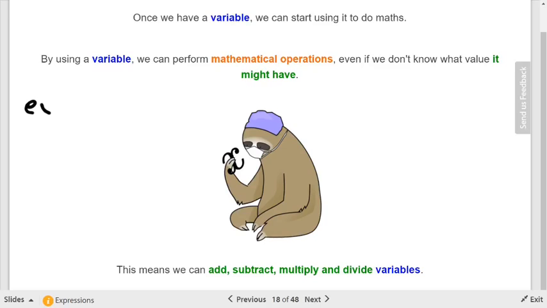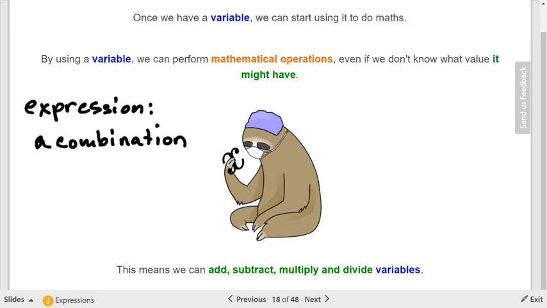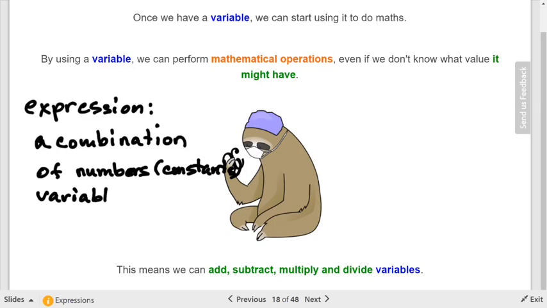An expression is simply a combination of numbers, and remember numbers are called constants, variables, which are the letters, and operation symbols.